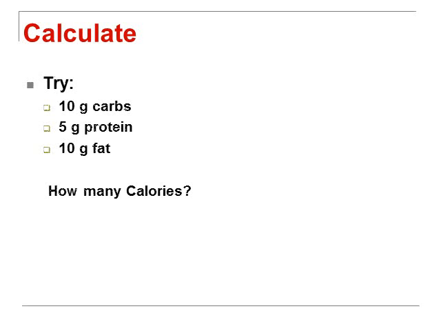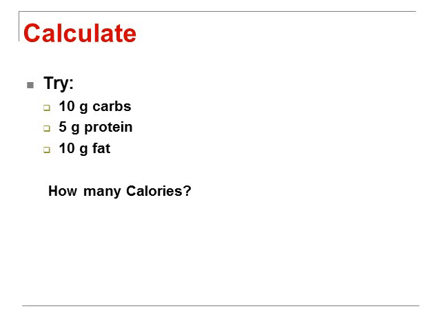Now, another thing that we're able to do is some real simple calculations to tell us how many calories something has in it if we know the grams of carbs, the grams of protein, and the grams of fat that are found in something. So if we have a food that has 10 grams of carbs, 5 grams of protein, and 10 grams of fat, we know for every gram of carbs we have 4 calories.